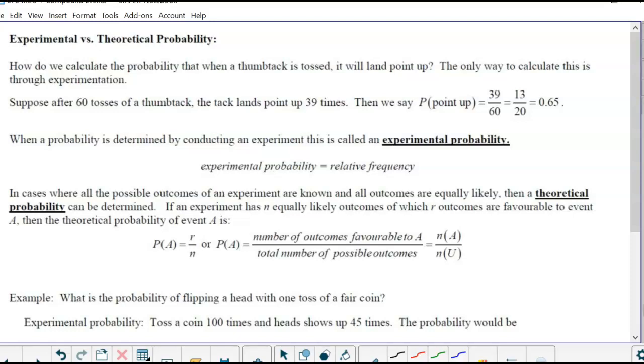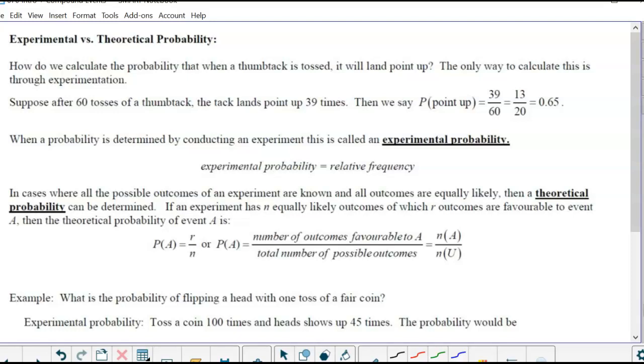But for a thumbtack, there's the shape of it alone, let alone the weight of different parts of it, how it would land, there's a point on it, that kind of thing. You can't just come up with a theoretical probability with that one. So you would do an experiment.